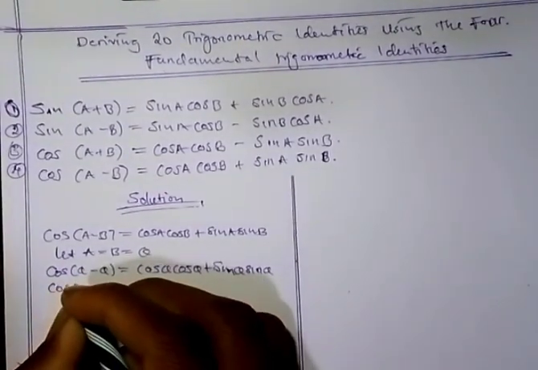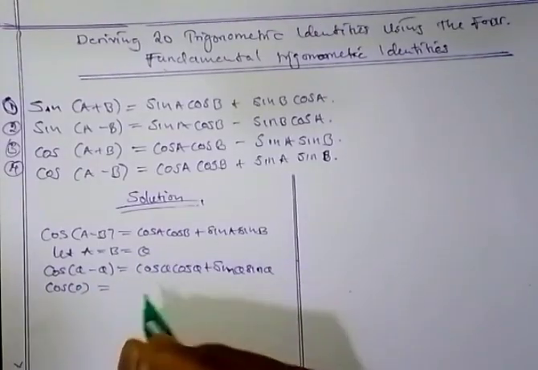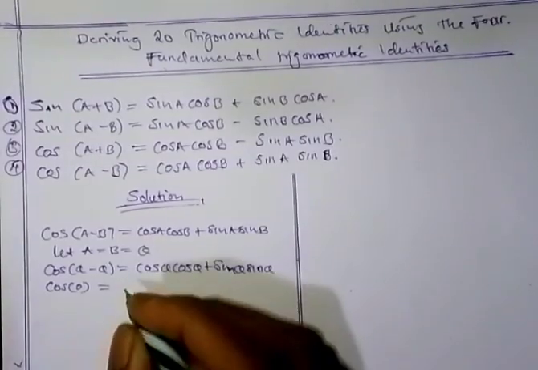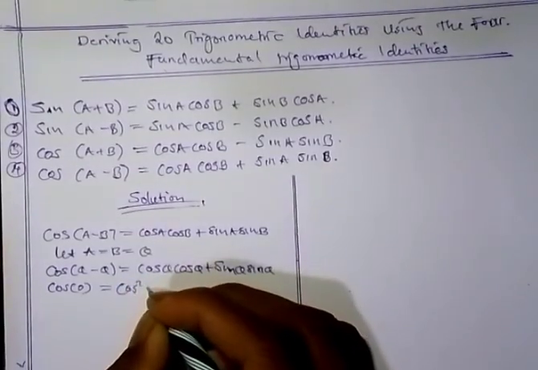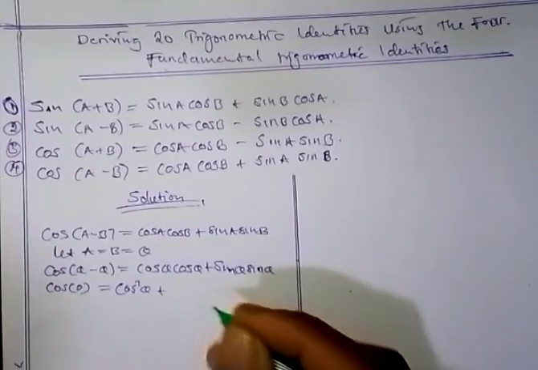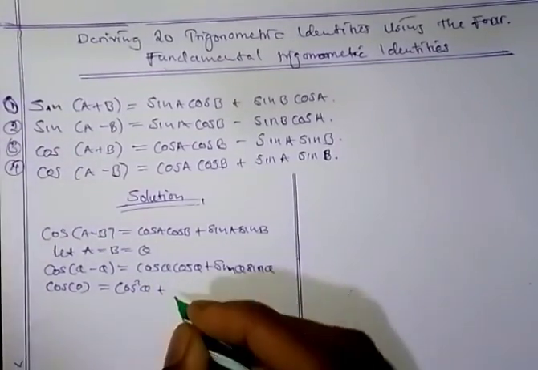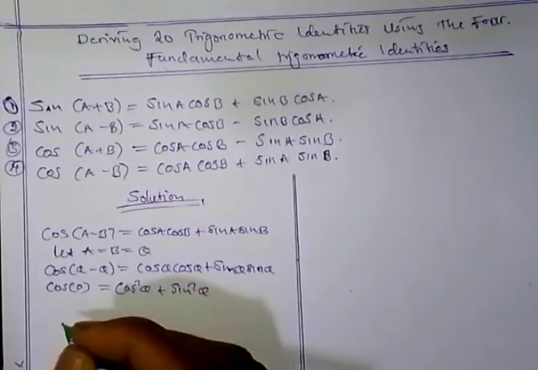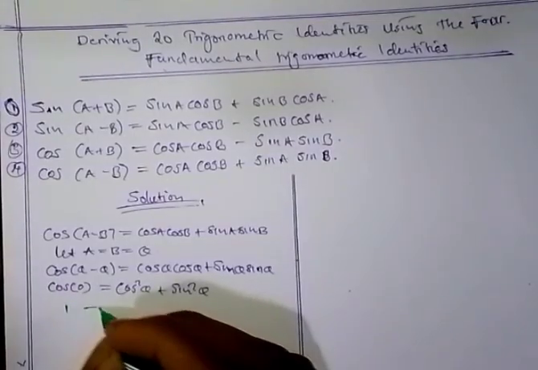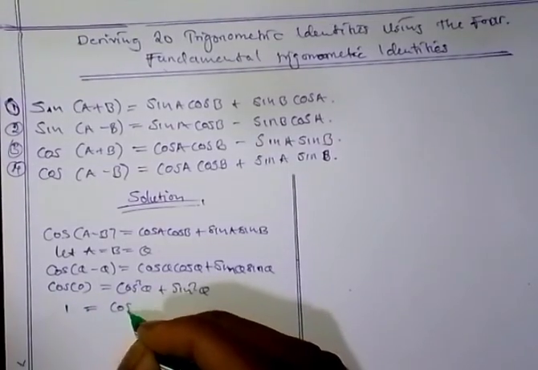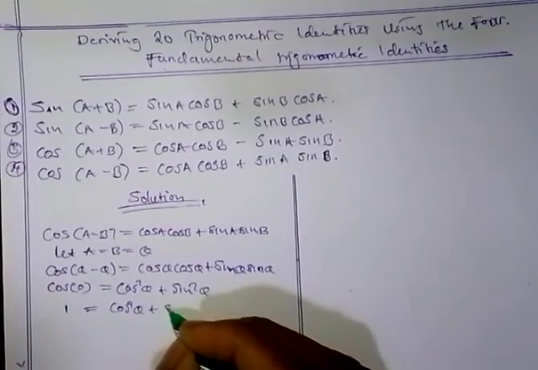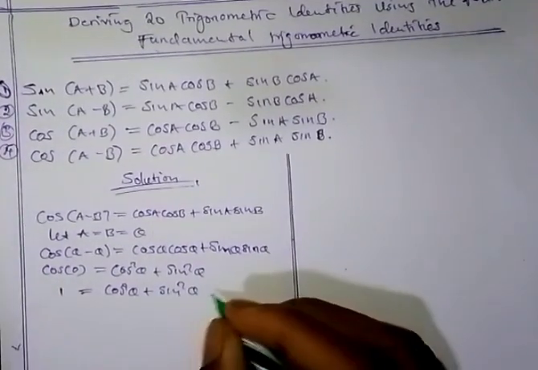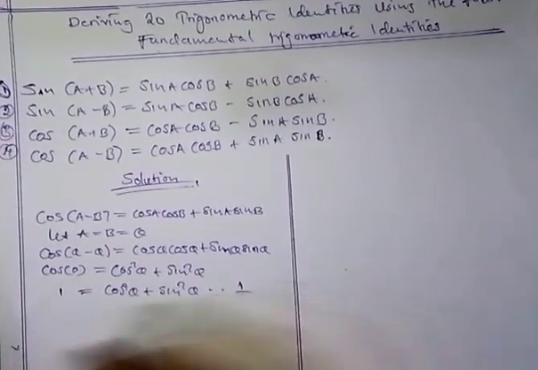So we get cos 0 is equal to cos square theta plus sin square theta. Cos 0 is equal to 1, and this we are going to have cos square theta plus sin square theta. So this happens to be identity number 1.